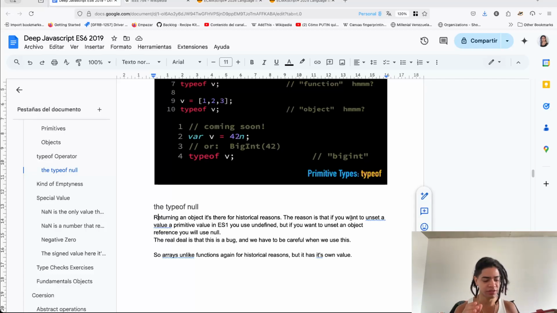But if you want to unset an object, which is a reference in memory, you will use null. And this might be the historical reason of why when you ask typeof a variable assigned null, it gives you an object. Even though it's just a bug, and we have to be careful when we use it. The TLDR of that is just like that, you know.